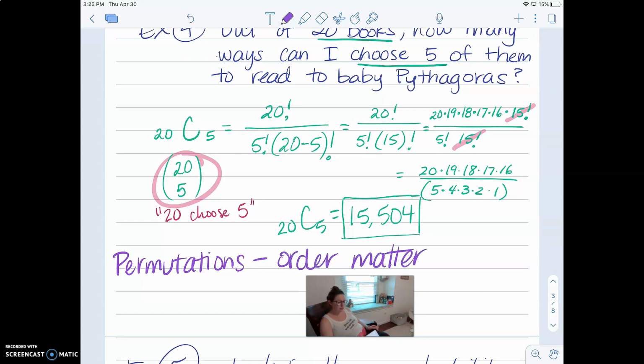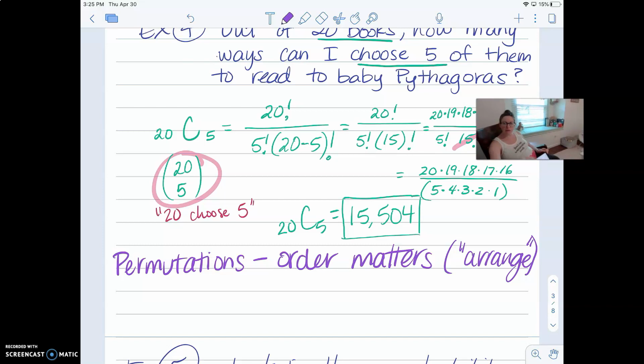And a lot of times you're going to see in the problem, it'll say something about how many ways can I arrange this. If you see that, you know it's a permutation, because you're going to have to determine if things are permutations or combinations.